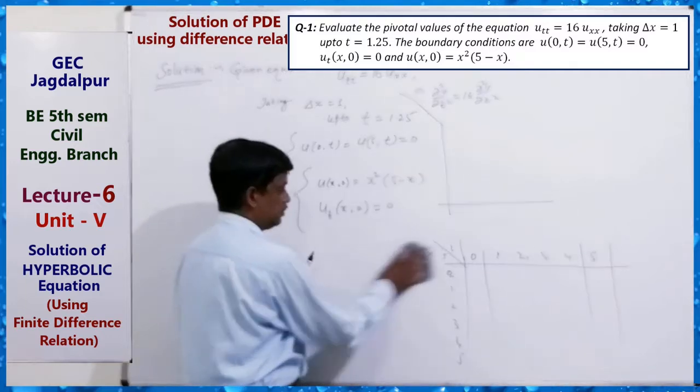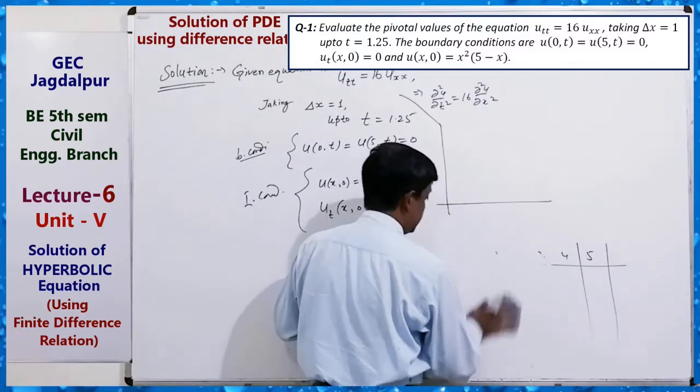Clear? So use the formula for getting values.